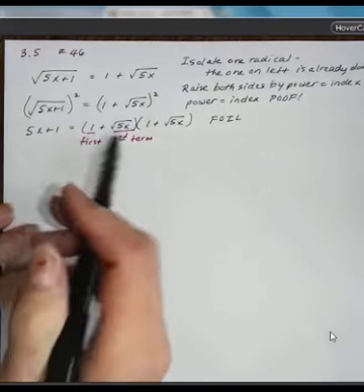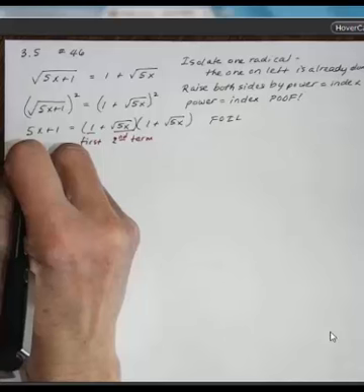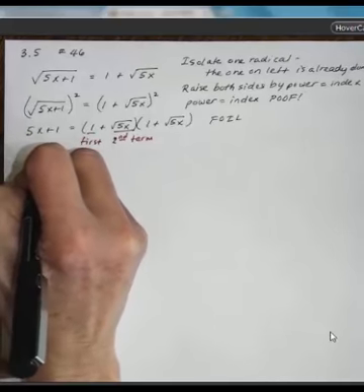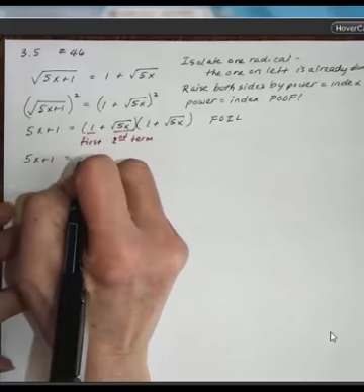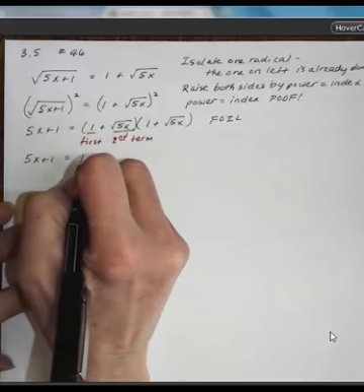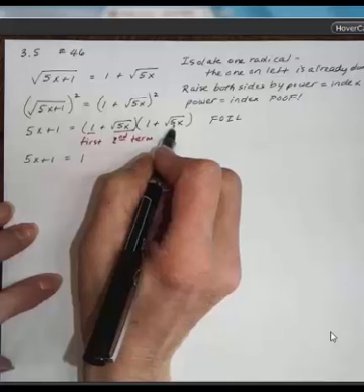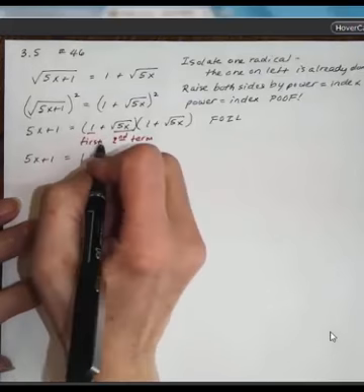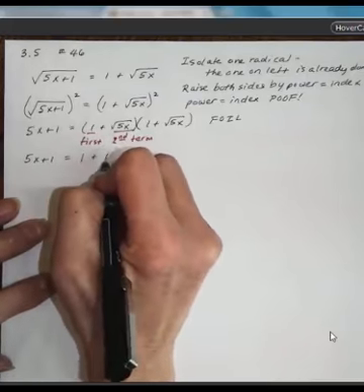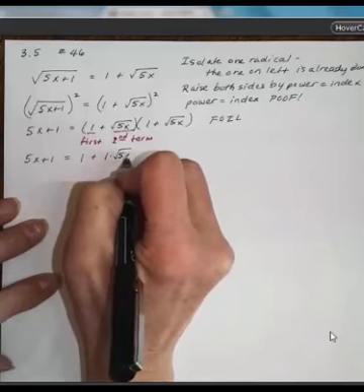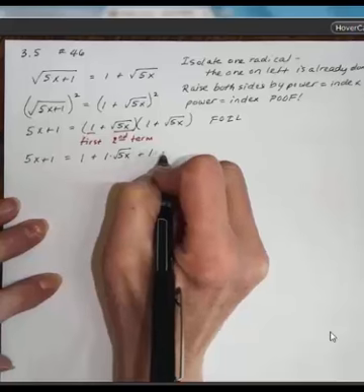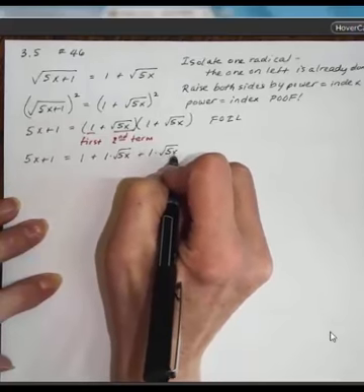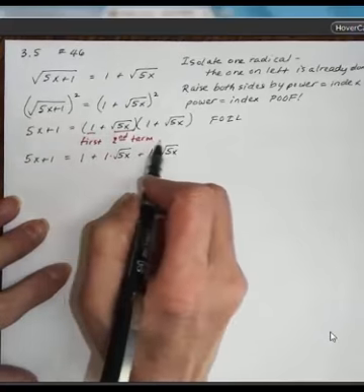So the left side is going to stay the way it is, 5x plus 1. And on the right side, I'm going to take my first terms multiplied times each other, 1 times 1. I'm going to take my outer terms, 1 times the square root of 5x. I'm going to take my inner terms, positive 1 times the square root of 5x. And then I'm going to take my last terms.